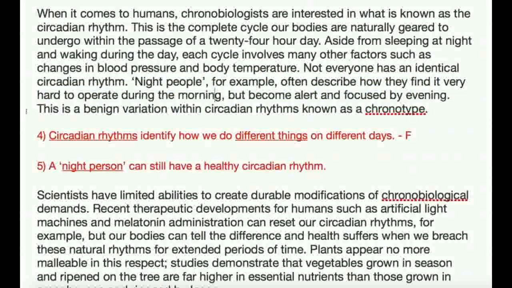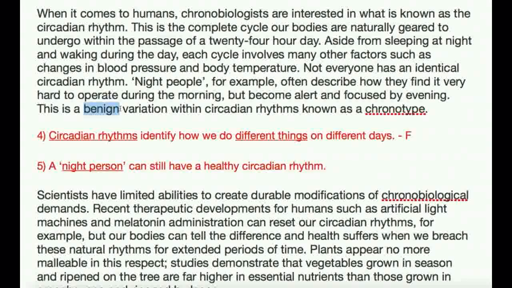However, if we look a bit further, this is a benign variation within circadian rhythms known as a chronotype. Now, this shows you the importance of having good knowledge of vocabulary in order to successfully complete the IELTS reading test. Benign actually means something that's not harmful.